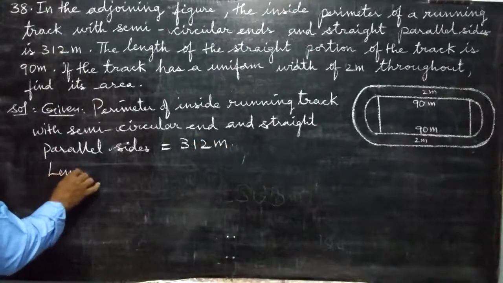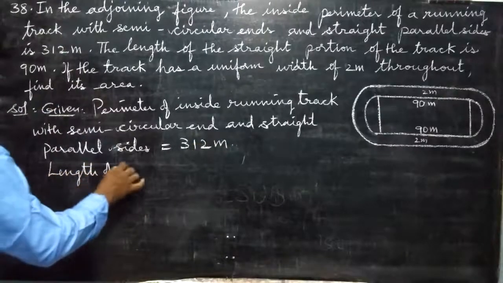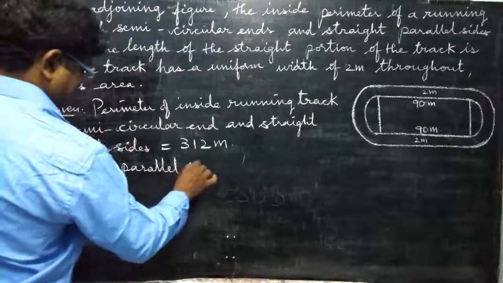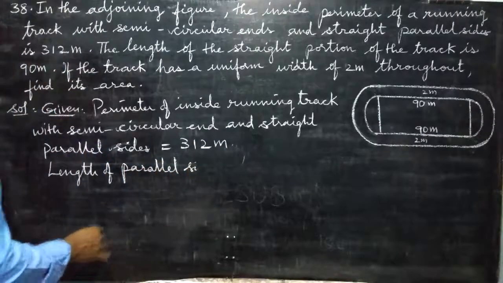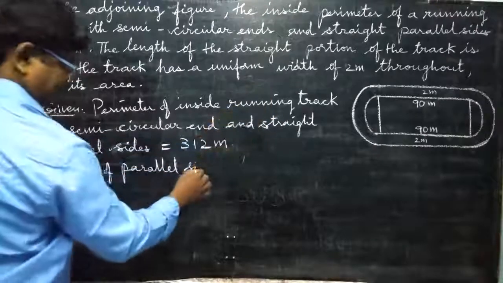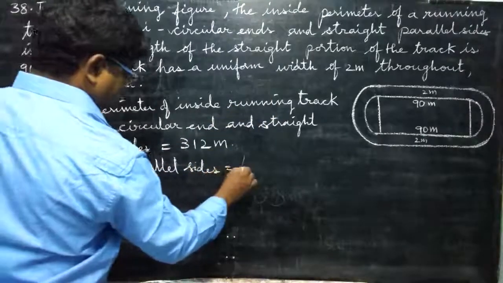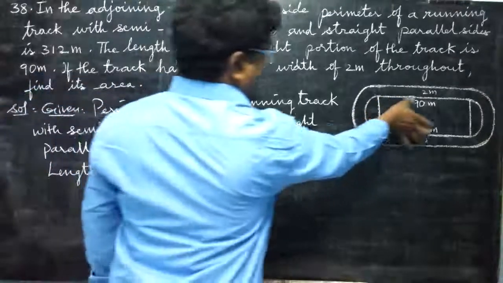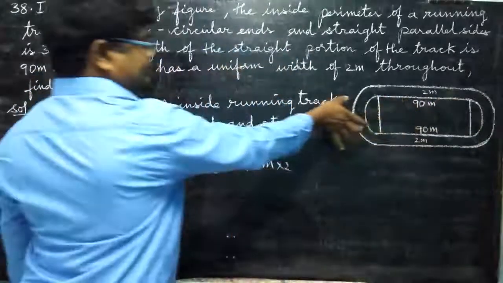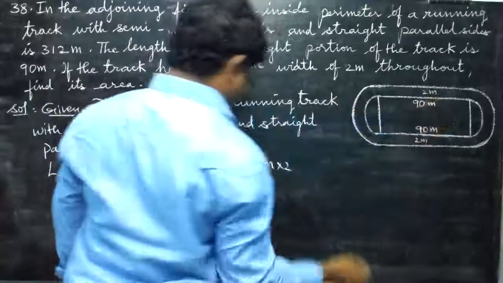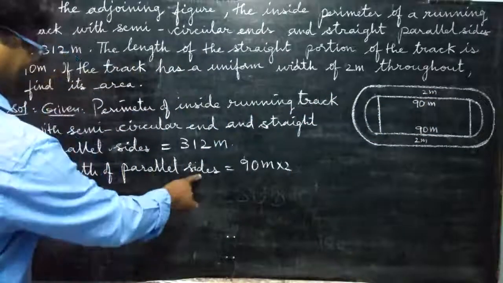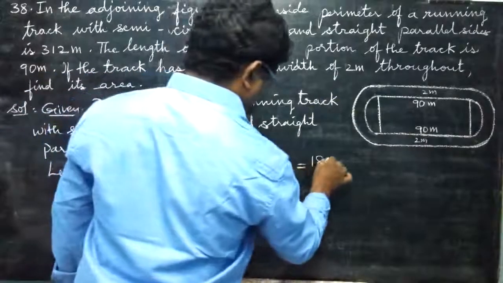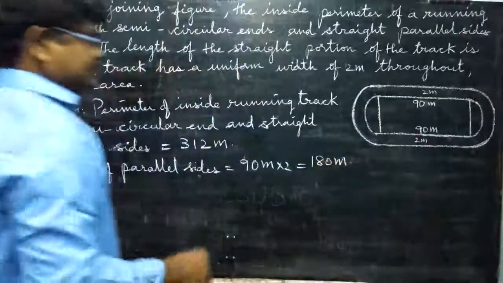Length of parallel sides they have given, length of two parallel sides, both will come, meaning parallel sides is equal to 90 meters into 2. Parallel means same distance, equidistance between two lines are called parallel sides or parallel lines. So this is 180 meters.